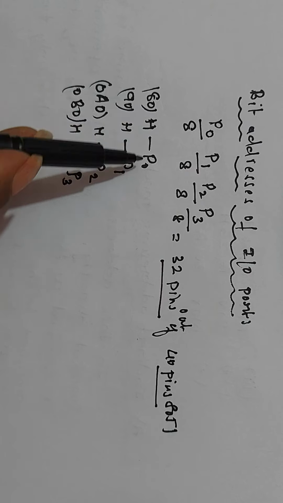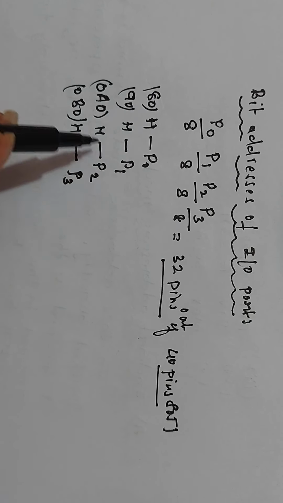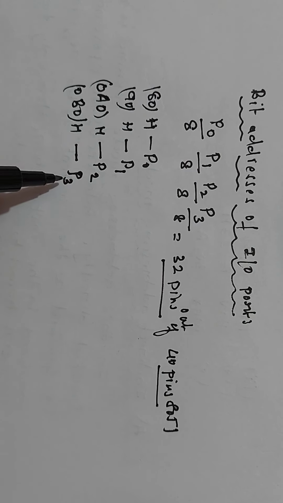So 80 is the byte address of P0, 90 of P1, A0 of P2, B0 of P3.